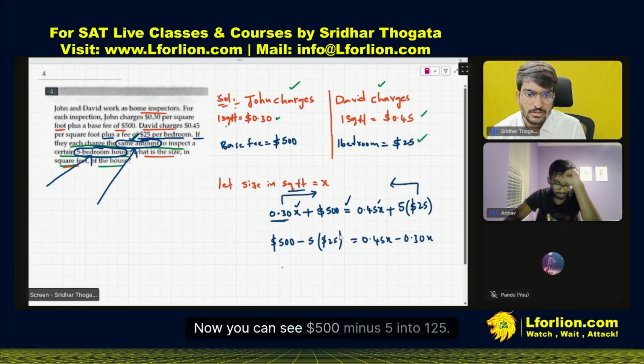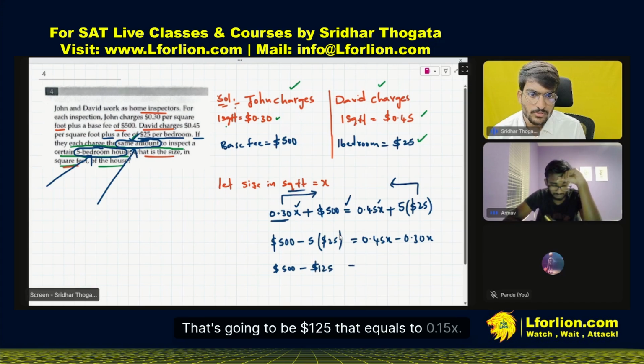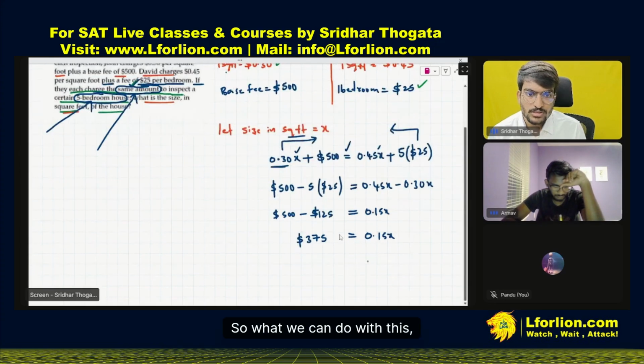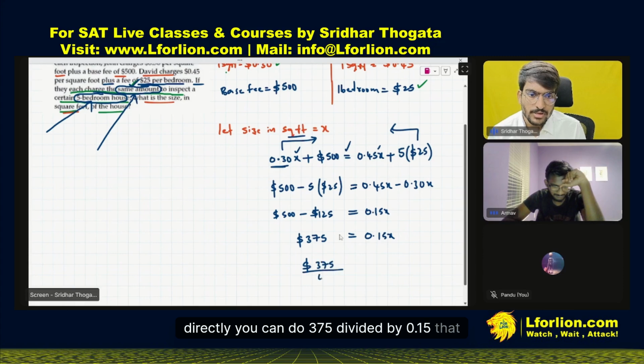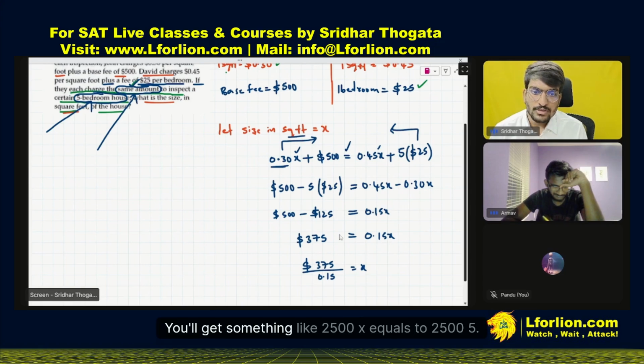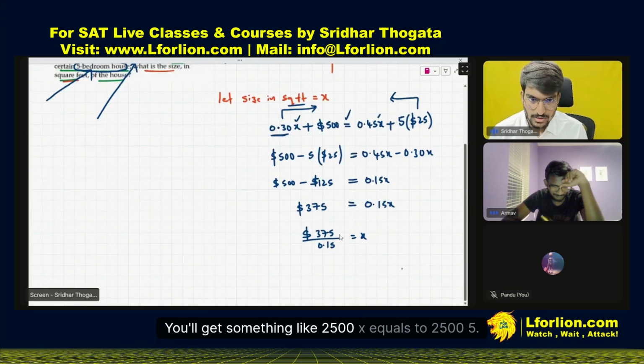Now you can see $500 minus 5 into $25, that's going to be $375. That equals 0.15x. So what we can do with this? Directly you can do $375 divided by 0.15, that equals x. Use your calculator, you'll get something like 2500. x equals 2500.